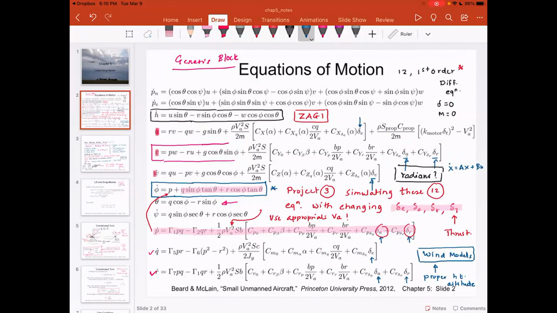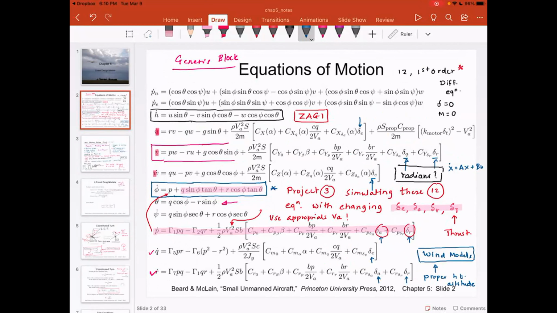This is the Genesis block. And I emphasize that this is a very important set of equations. These are the 12 differential equations that govern the motion of the unmanned aerial vehicle. Now look at these equations.